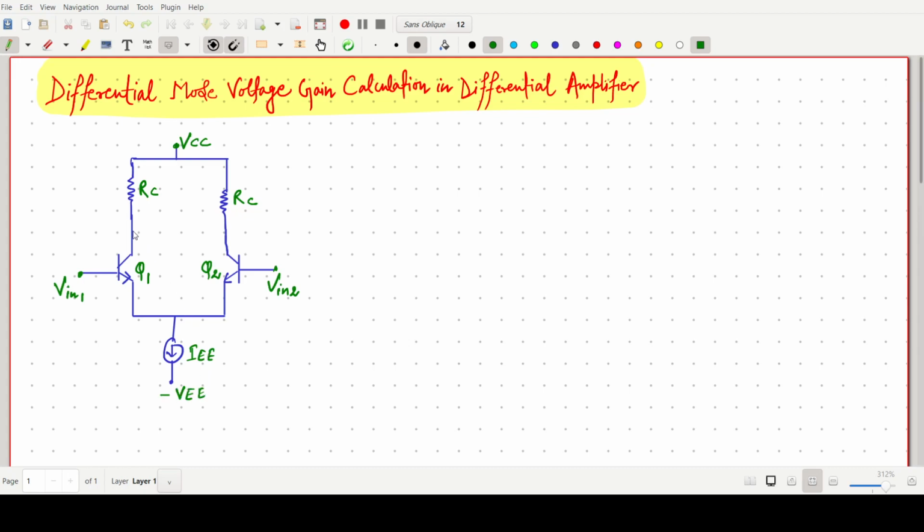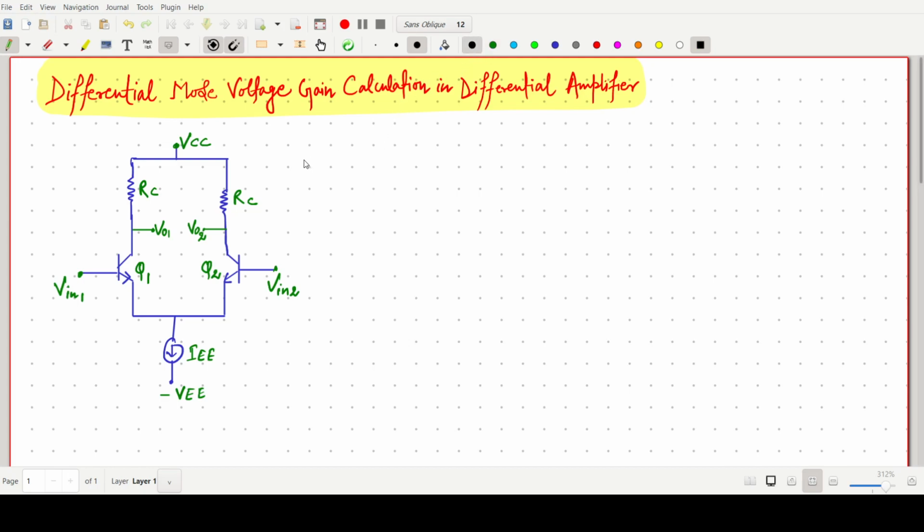We are taking output from this side, so we can mark V naught 1 and V naught 2. As per the title, we have to think about the differential mode gain.